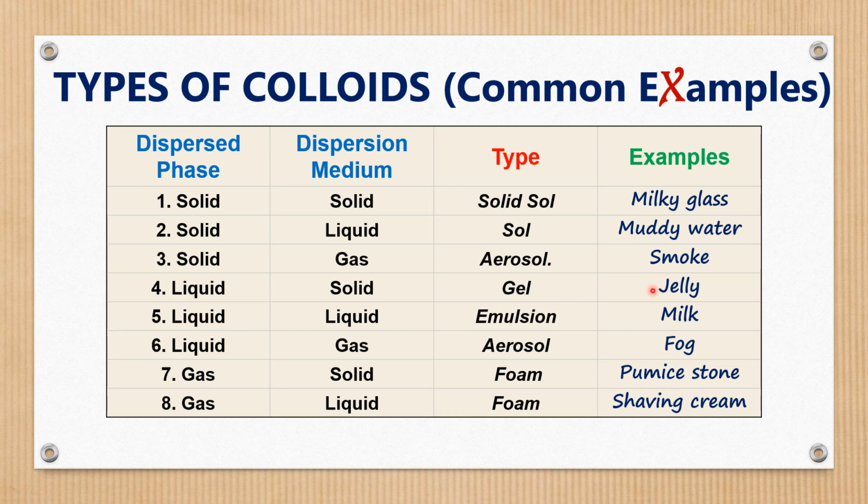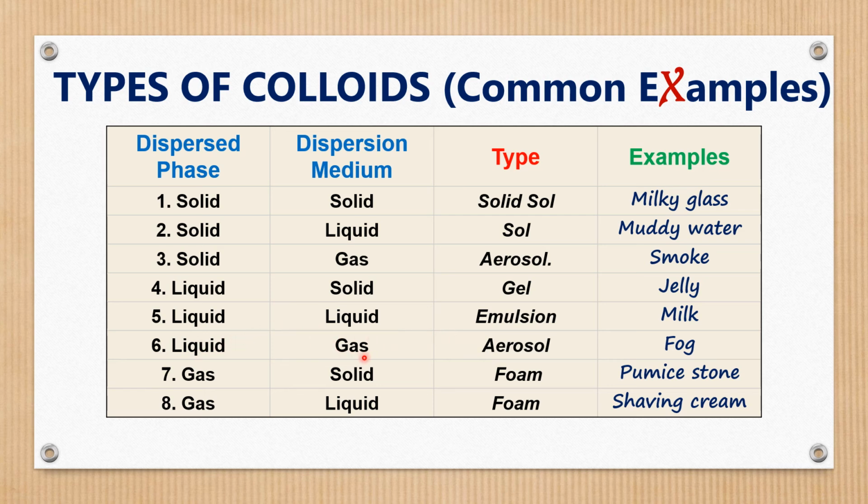The next type is emulsion. Here the dispersed phase as well as the dispersion medium is liquid. Examples are milk and face cream. The next type is also aerosol. Here the dispersed phase is liquid and the dispersion medium is gas. Earlier we saw one aerosol where the dispersed phase is solid and the dispersion medium is gas.